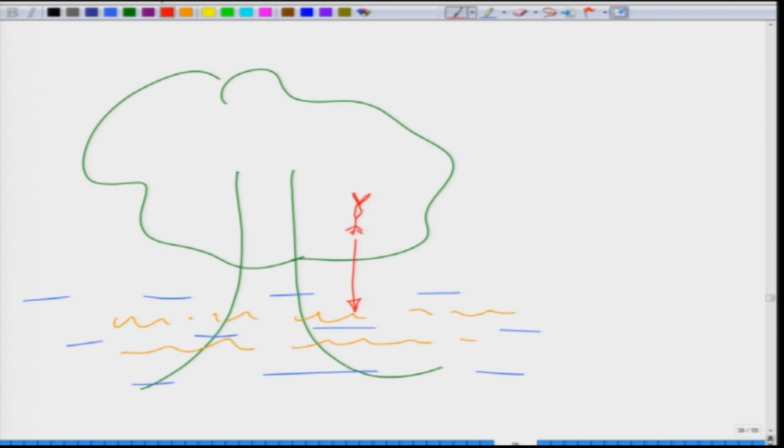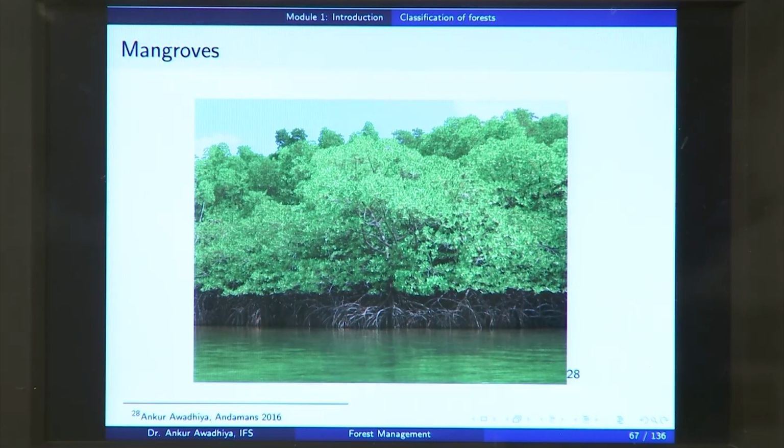Now, all of these vegetations have their own characteristics, and they also support a number of specific organisms that are found in these areas. So, for instance, if you look at these mangroves, these form a very good habitat for fishes and also for crocodiles.